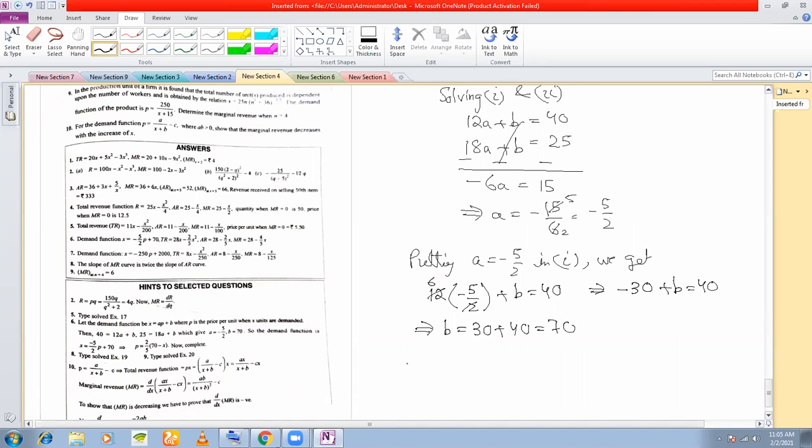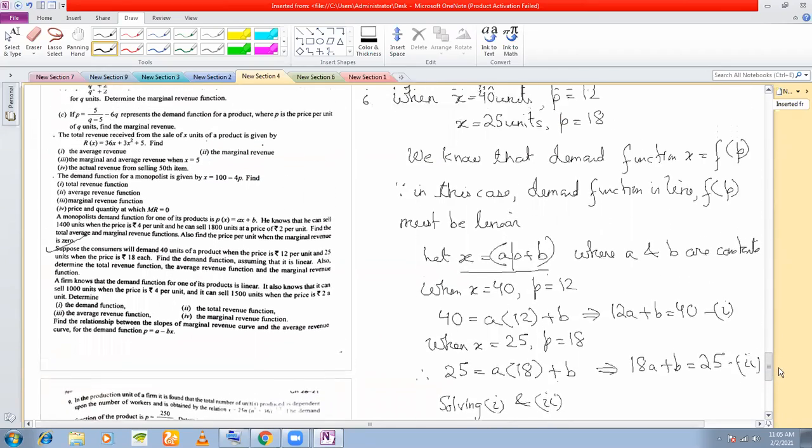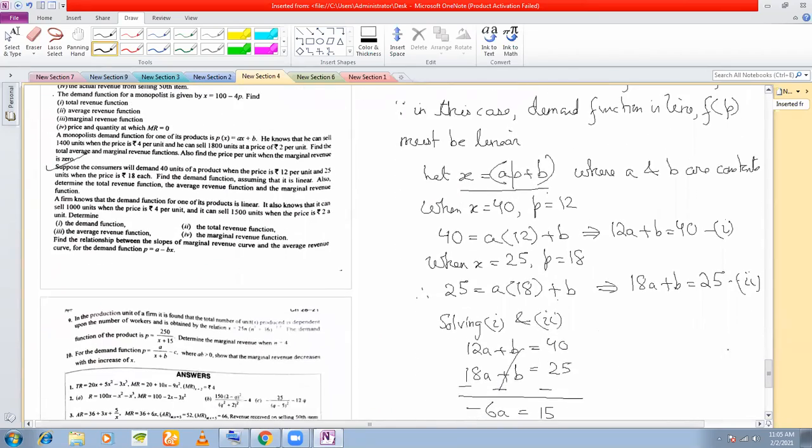So what is the demand function? Therefore, the demand function: x is equal to ap plus b, where a is minus 5 by 2 and b is 70. This is the demand function. We have taken the demand function as x is equal to ap plus b, right?